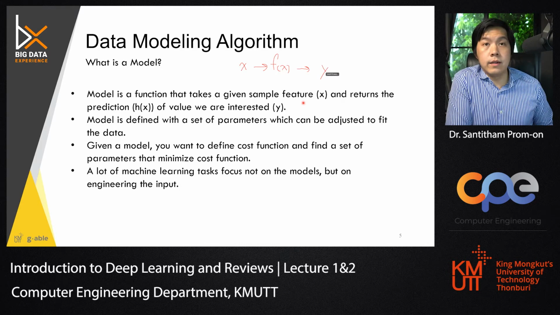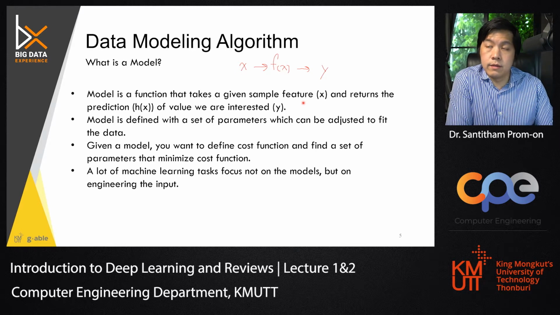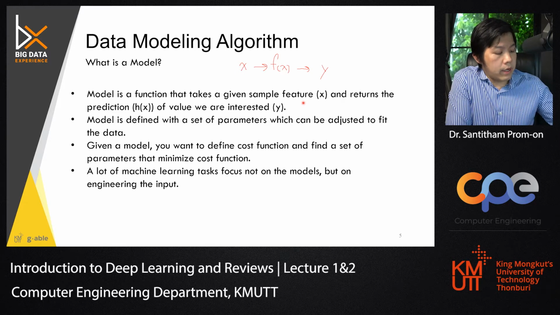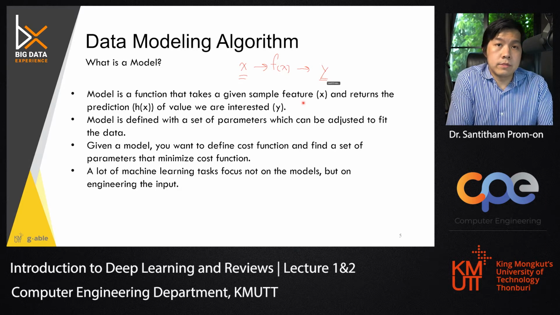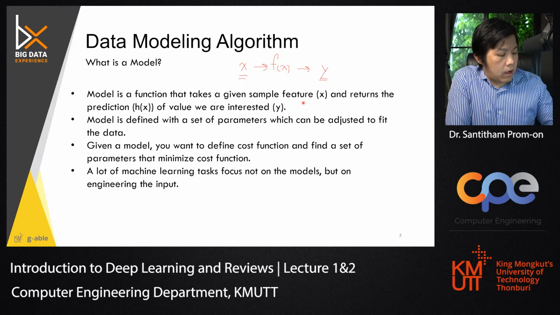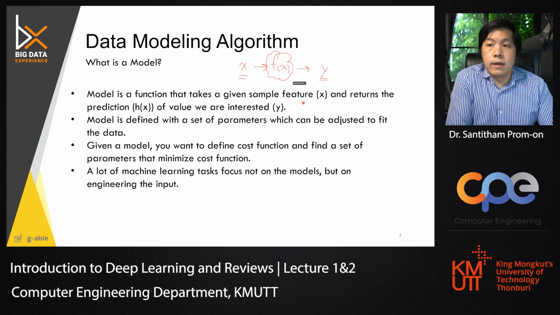Usually, in a machine learning task, we would already have the x and y collected in the form of data, and then what we are trying to do is to estimate this f(x) by different methods.